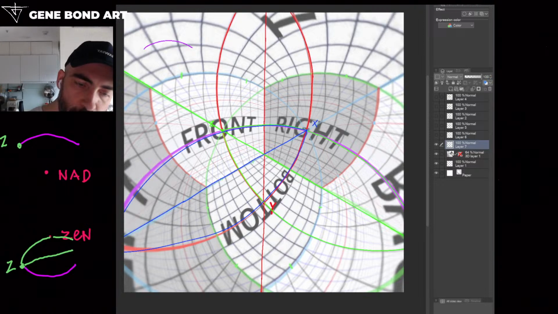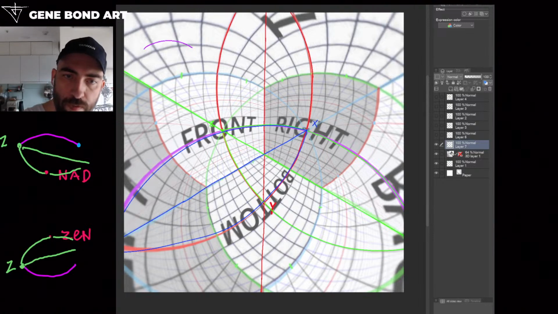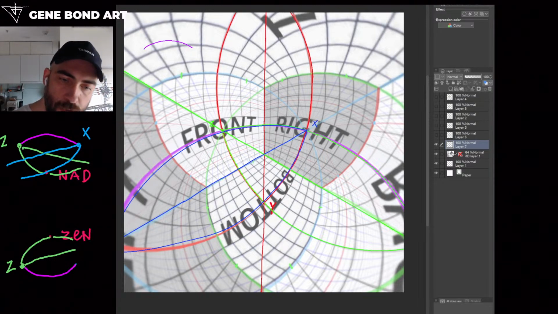So straight between here. Same here, we're mirroring the curvature of the horizon line and drawing straight. Then x, same, mirroring the curvature of the horizon line and drawing a straight line here.